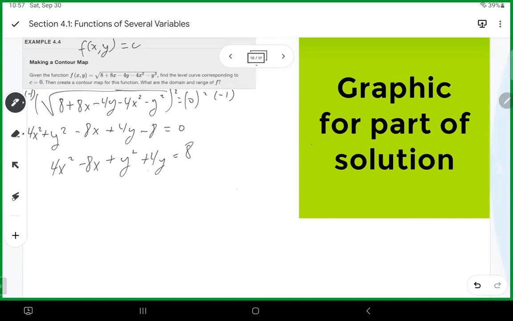So now we know that we will be factoring, and we will have to complete the square.